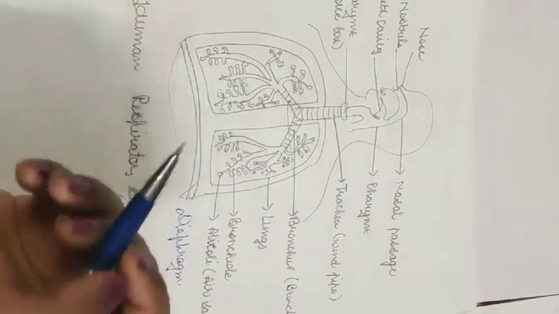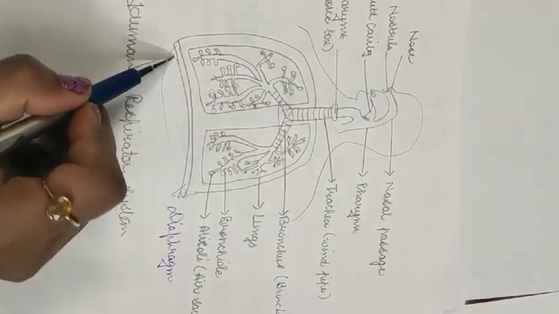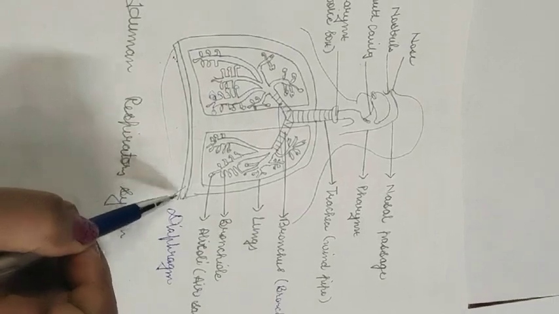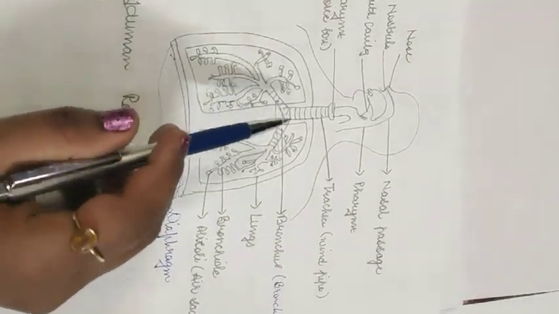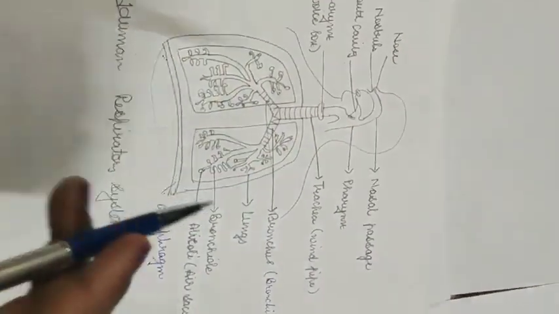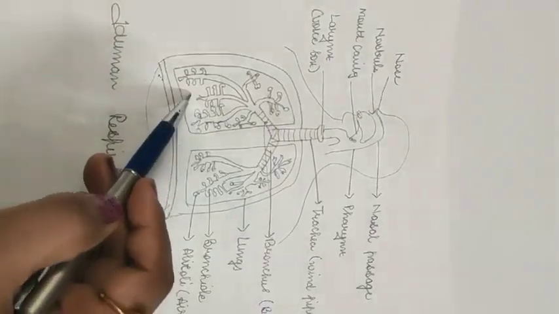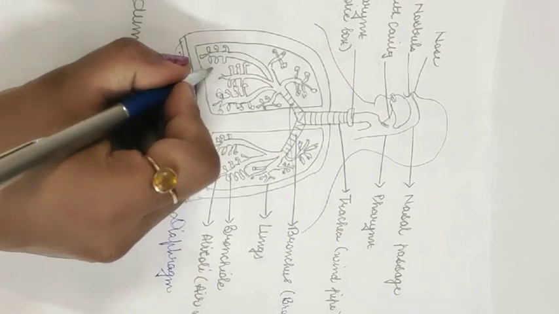So when we breathe in, the diaphragm moves downward, causing more space, the lungs and chest expand, the air comes in and these little sacs are filled with air.